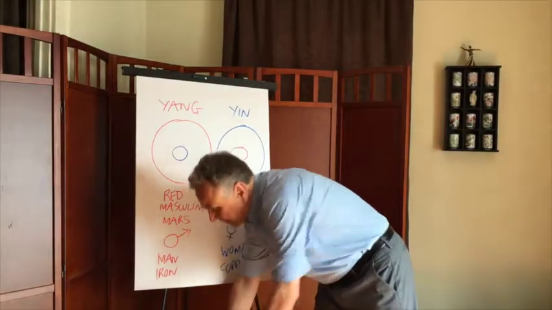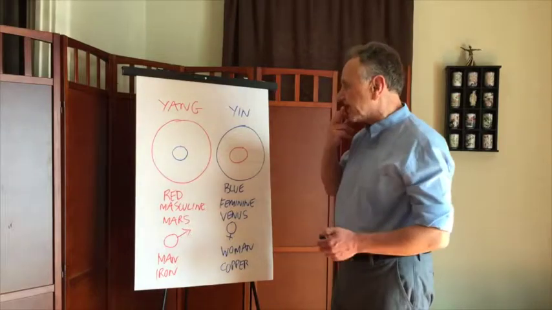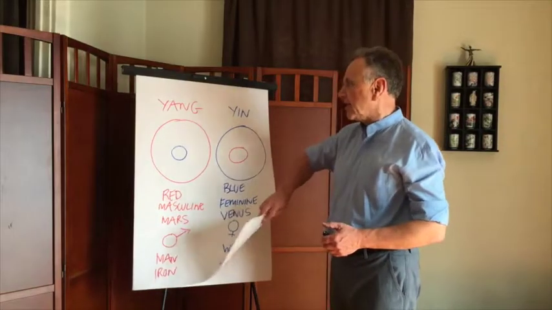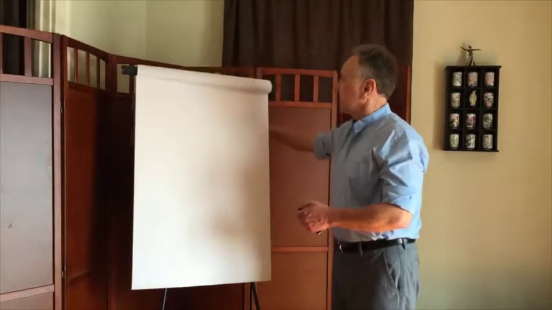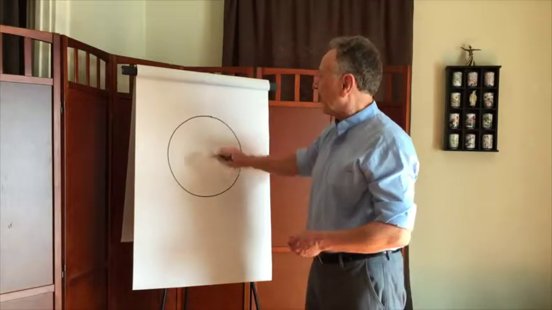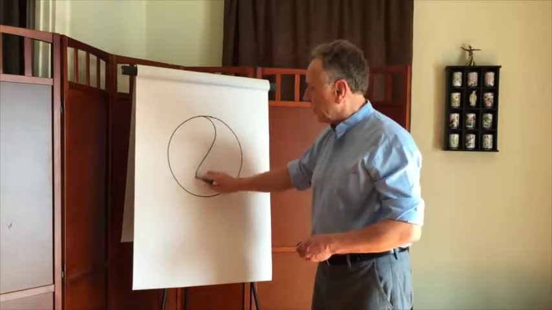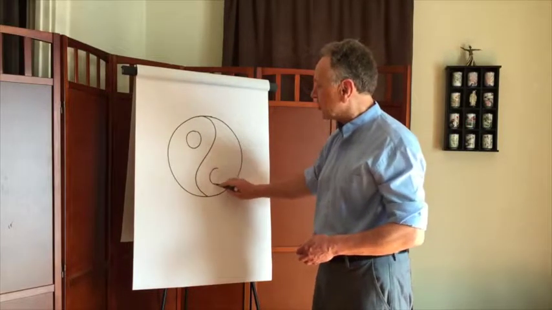Well, it means that there's constantly an interaction from blue to blue and red to red, from yang to yang and yin to yin. This is shown in the symbol of yin and yang, because here we have a dynamic where the yang energy is shown on one part and the yin energy is shown on the other.